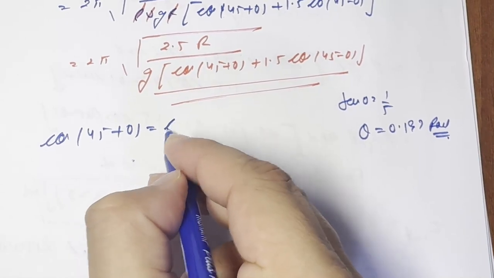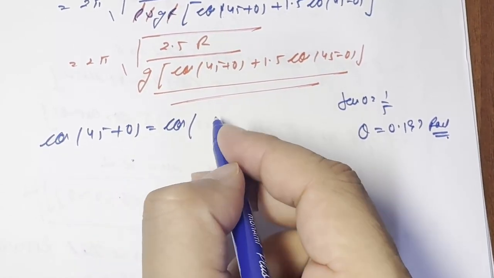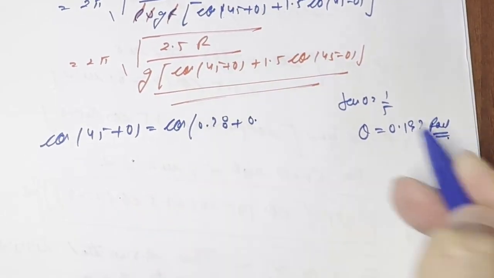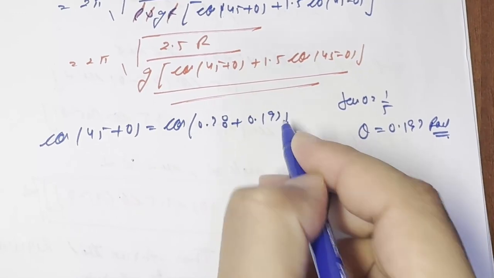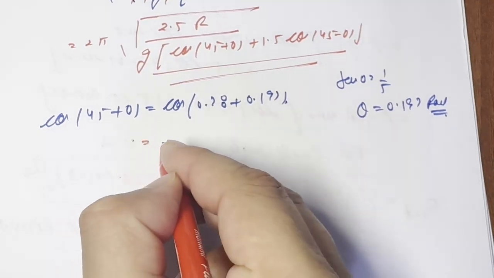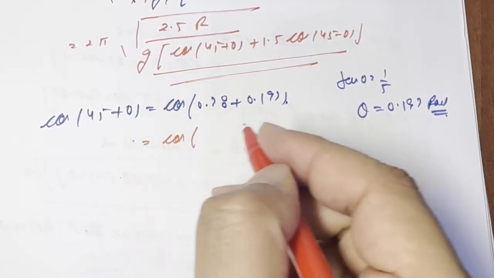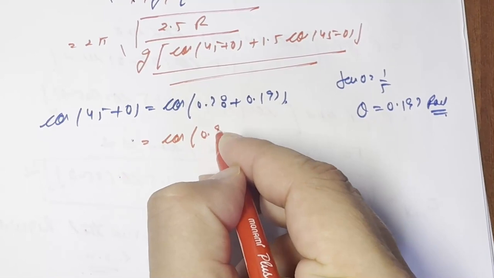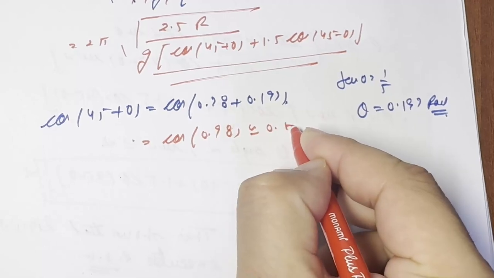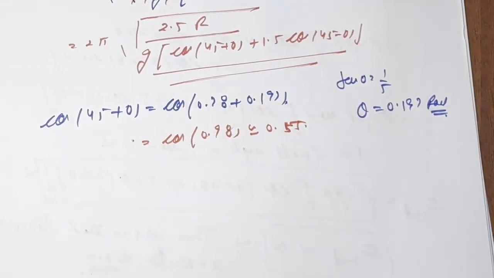Okay, so cos of 45, we can write in radians as 0.78, and this becomes cos of 0.78 plus 0.197, which is cos of 0.98, approximately equal to 0.55.